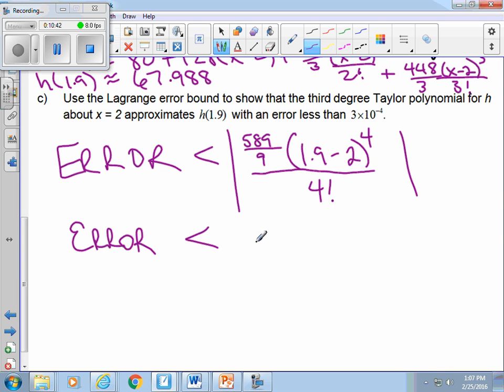And what is this one? This is 2.7037 times 10 to the negative 4th. If you had used the other value for the derivative, which is also fine, you get a value that also works, which is less than 3 times 10 to the negative 4th.